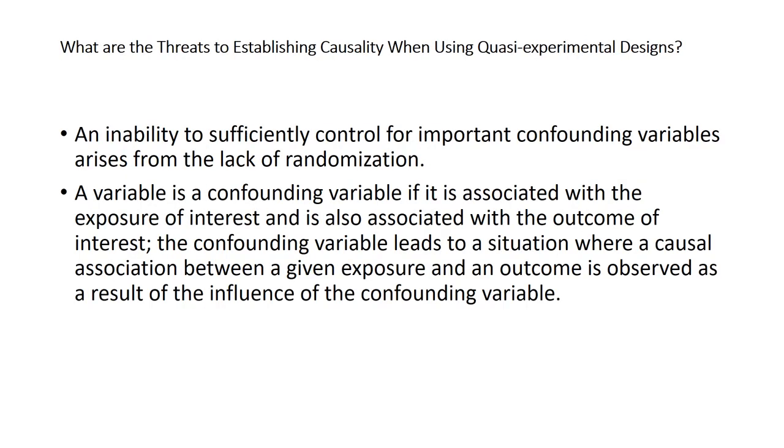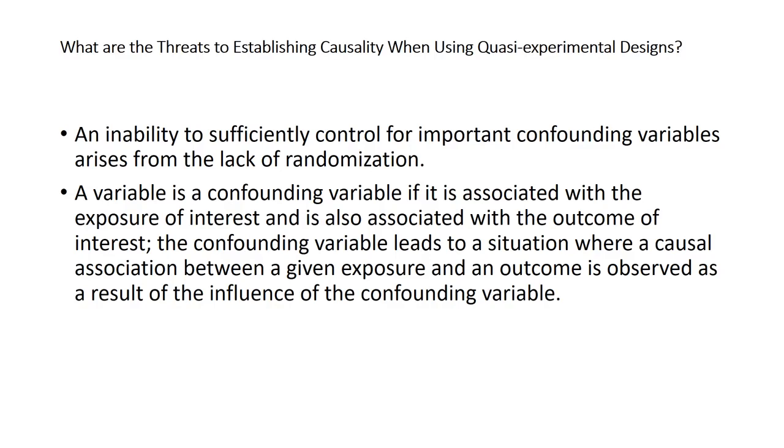What are the threats to establishing causality when using quasi-experimental design? We said earlier that causality is very important in pharmacoepidemiology because we aim to connect a relationship between drug X and outcome, disease, for example. We hope that this relationship is causal because causal relationships are stronger than associations. There are certain criteria for causality that we will study in further sections.